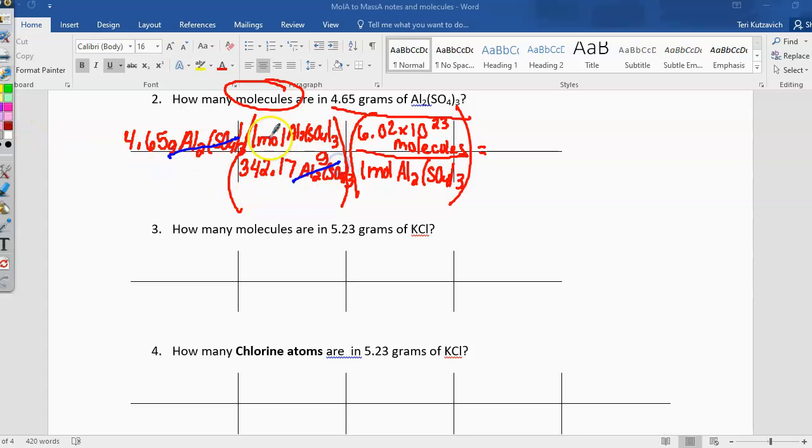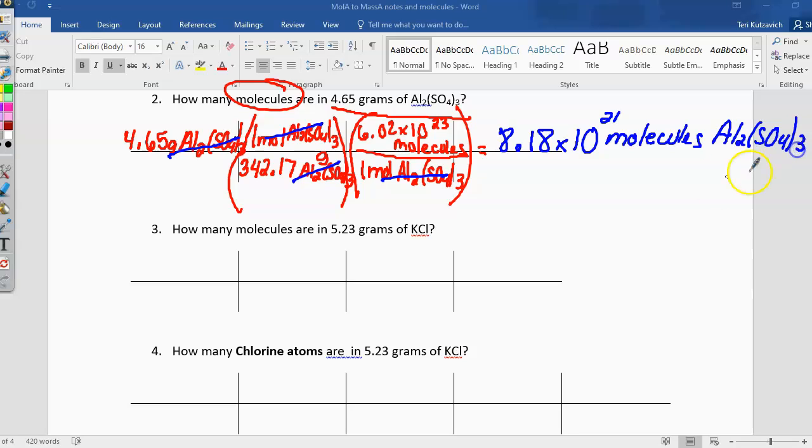Our grams cancel, our moles cancel, and you're left with molecules. The final answer is 8.18 times 10 to the 21st molecules of Al2(SO4)3. Not too bad, you just have 2 parentheses.